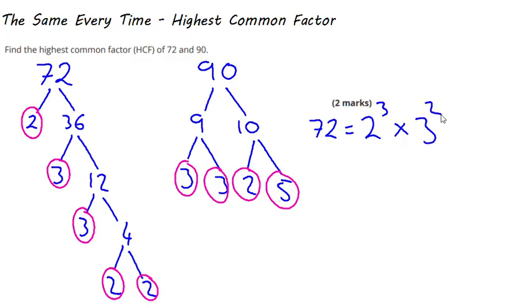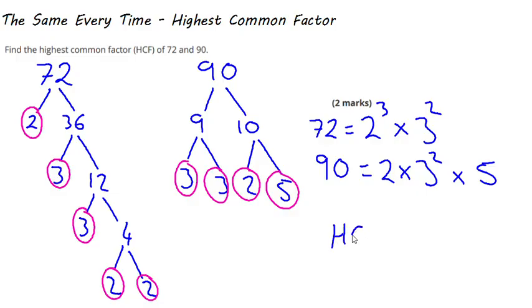So my 72 is 2 times 2 times 2 times 3 times 3. 90, as a product of prime numbers, is 2 times 3 times 3 times 5. So 2 times 3 squared times by 5.